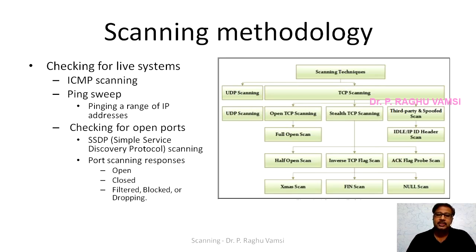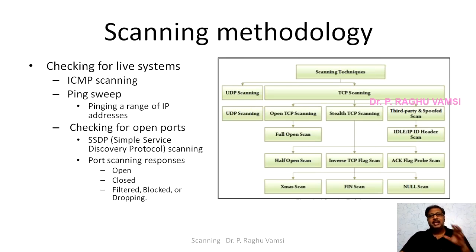In the open TCP scanning, we use full open scanning. In the stealth TCP scanning, half open scan, inverse TCP flag scan, and acknowledgement flag probe scan will be there. In the inverse TCP flag scan, there are the Christmas scan or Xmas scan, finish scan, and null scan.